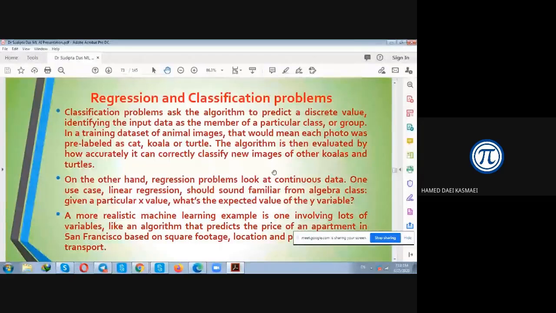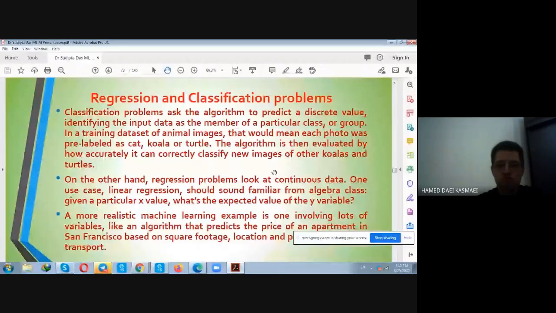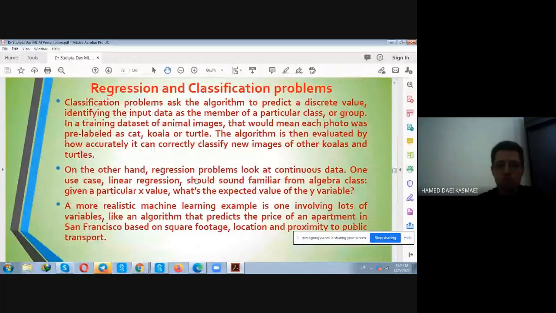So with lots of variables, like an algorithm that predicts the price of an apartment in San Francisco, for example, based on the square footage, location, and proximity to public transport.